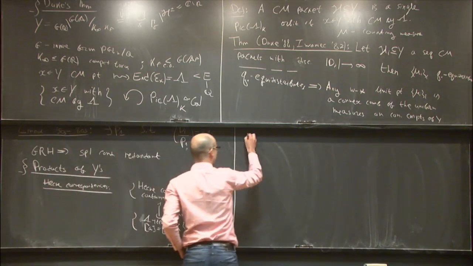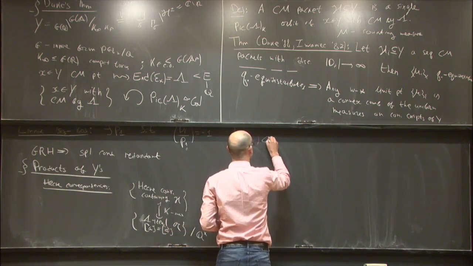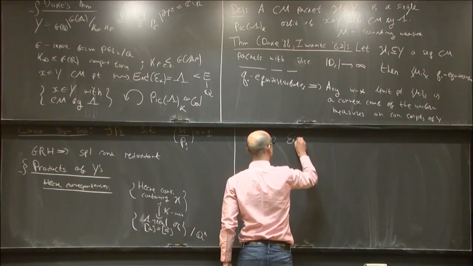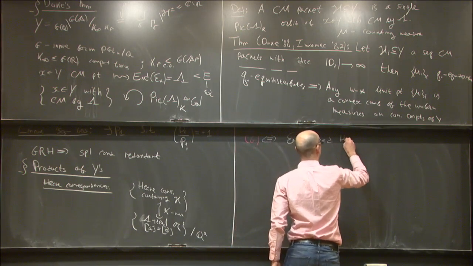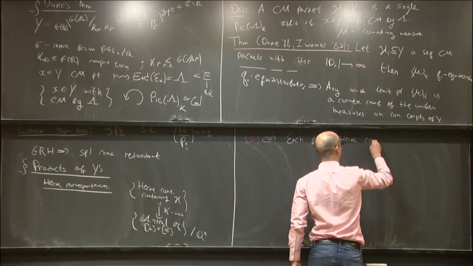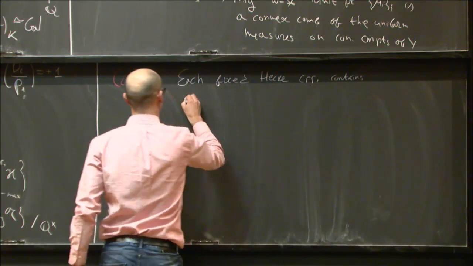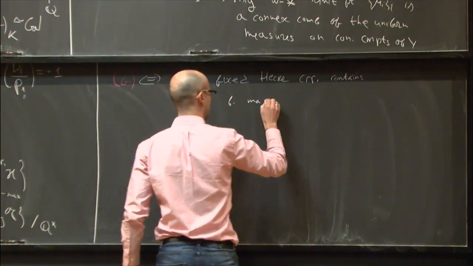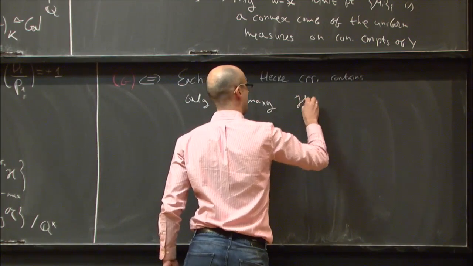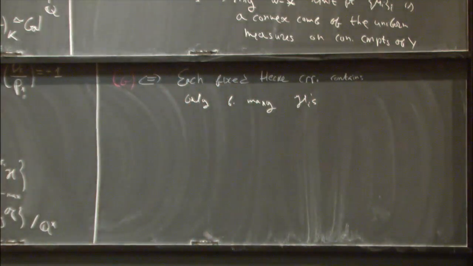So this G is equivalent to the statement that each fixed Hecke correspondence contains only finitely many HIs. Okay, so that's maybe a slightly less surprising way of stating it.